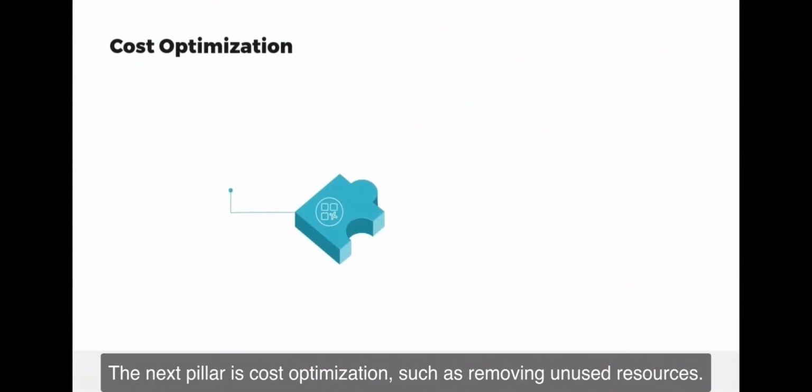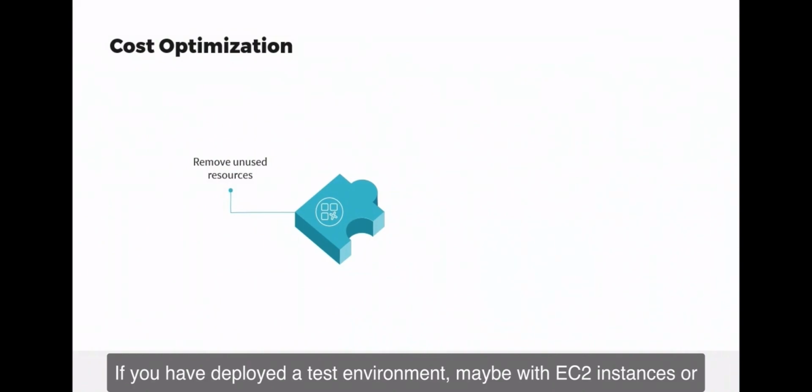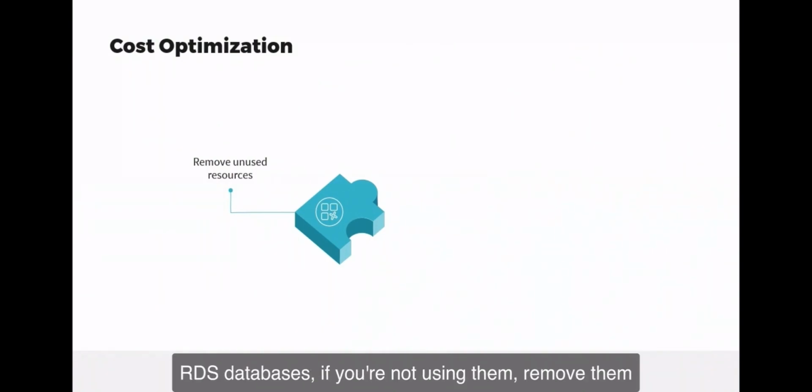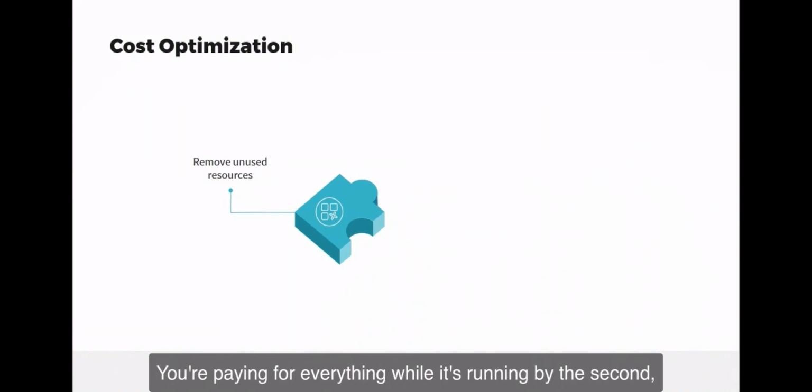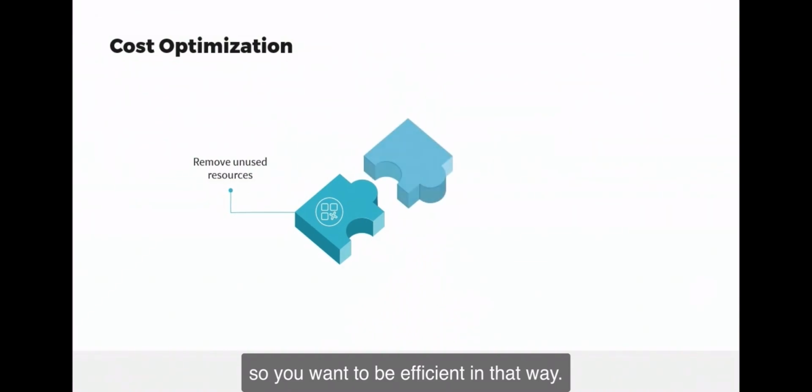The next pillar is cost optimization, such as removing unused resources. If you have deployed a test environment, maybe with EC2 instances or RDS databases, if you're not using them, remove them if you no longer need them, or at least shut them down. You're paying for everything while it's running by the second. So you want to be efficient in that way.